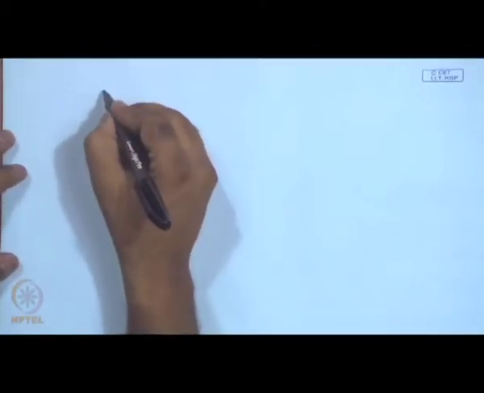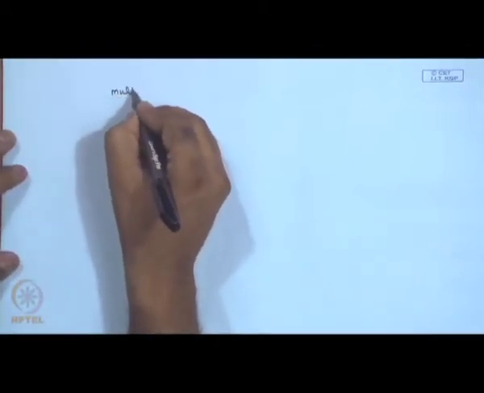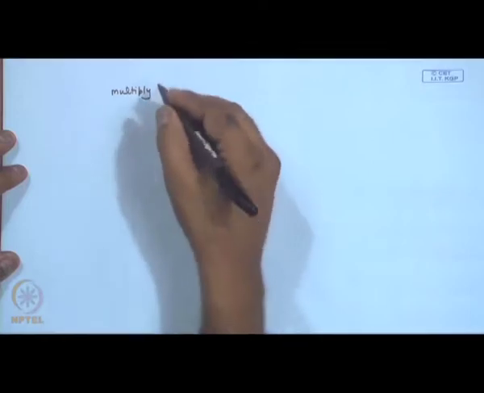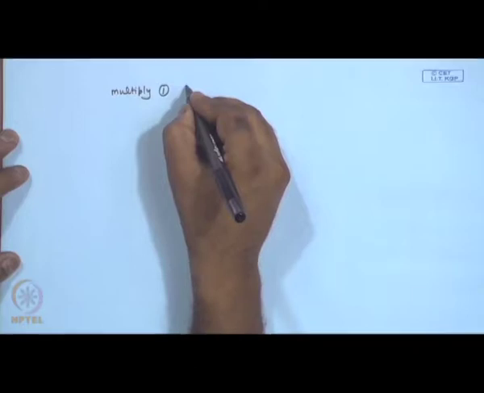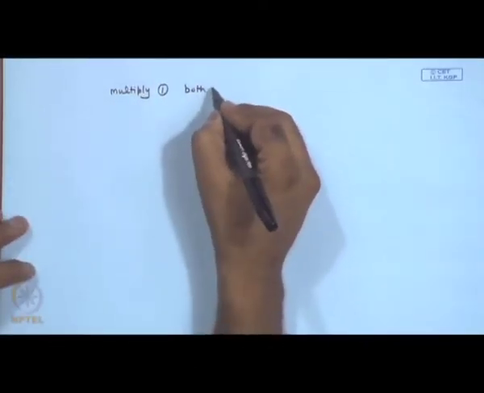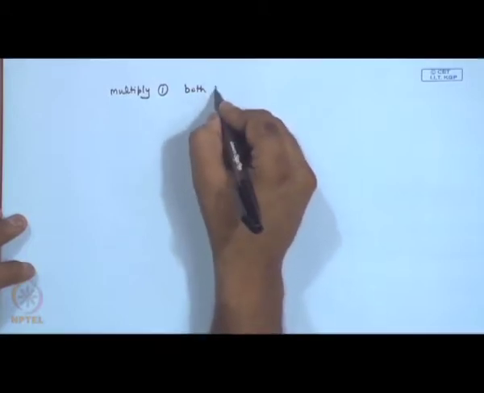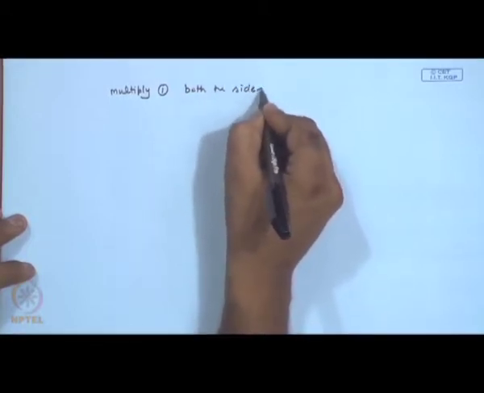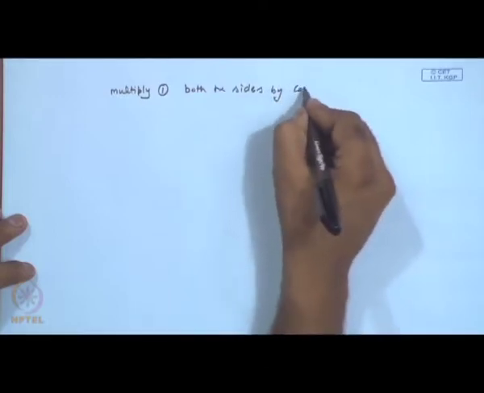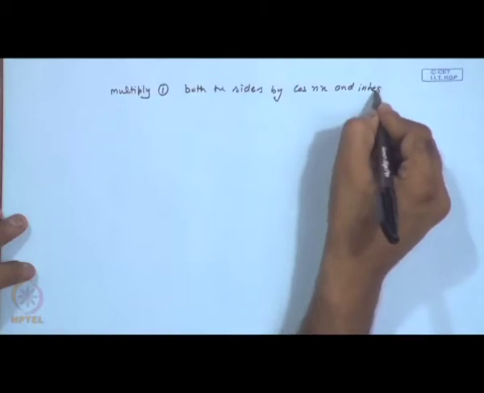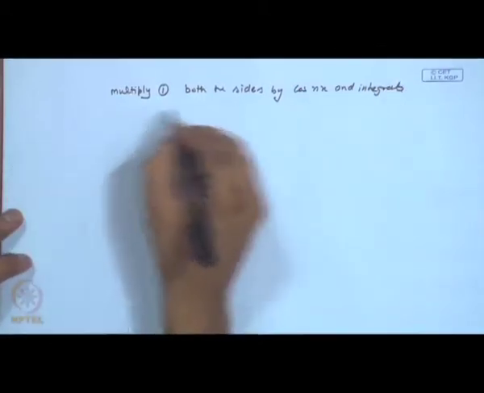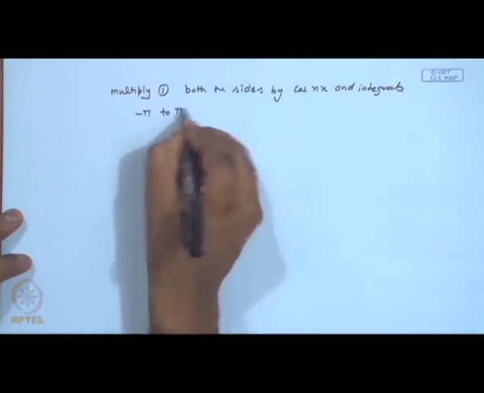Now, to get the other constants, we multiply both sides of series 1, that is f(x) and the series, by cos nx and integrate from minus pi to pi, of course.